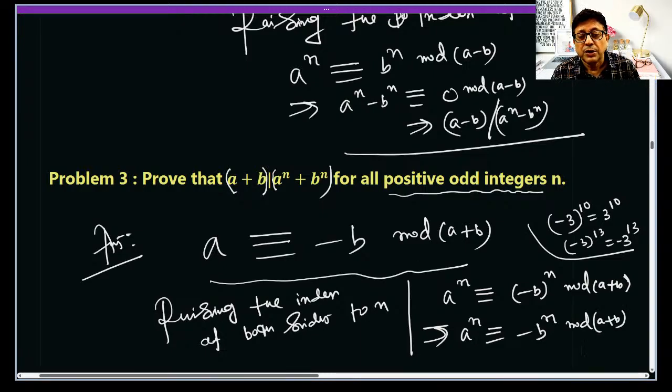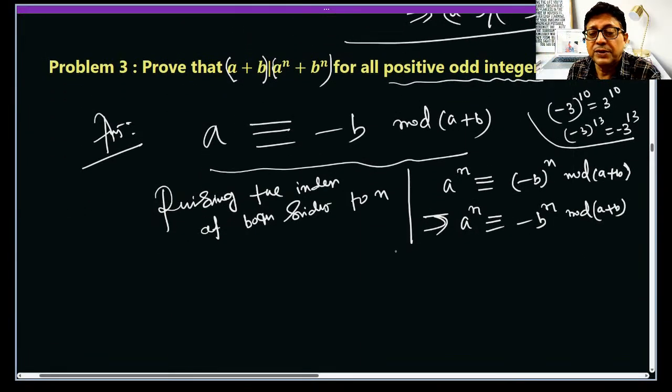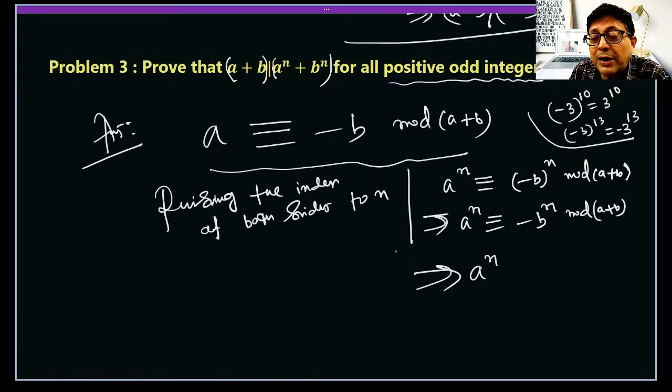Clear? So what does this imply? This implies that A, add this minus B to the power n, you take on the left side.